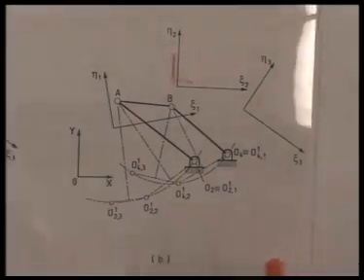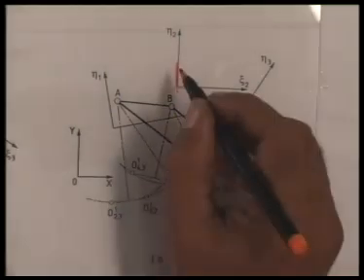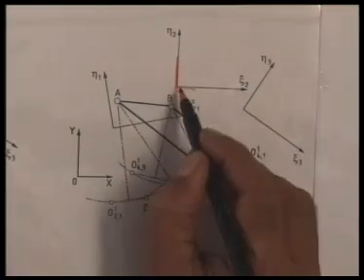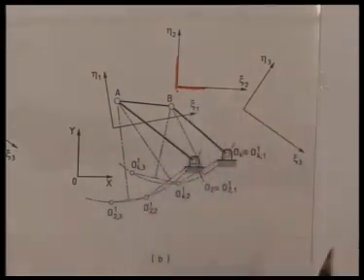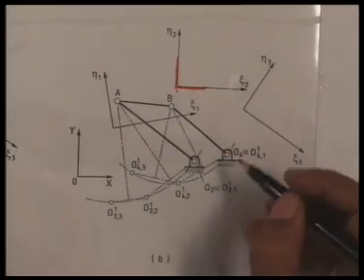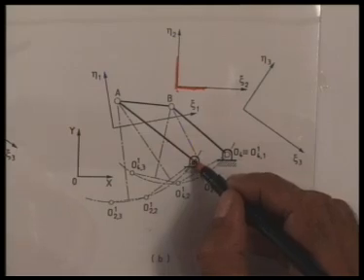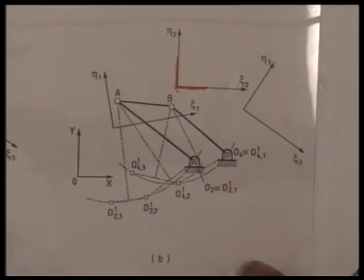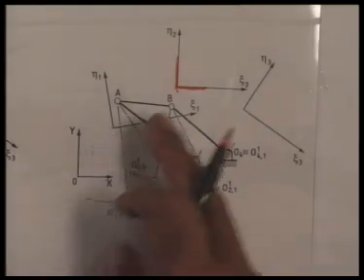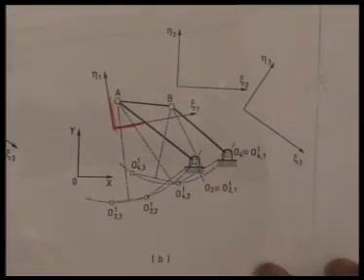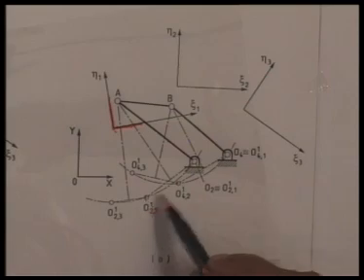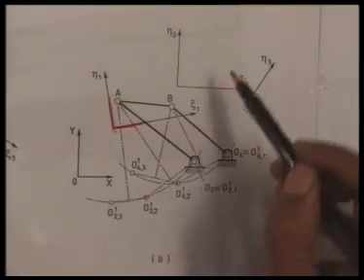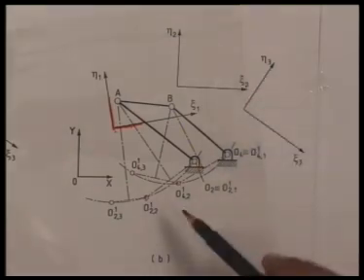What we do, we use a tracing paper and mark this second configuration defined by eta 2 zeta 2 axis, and the relative position of this fixed pivot in the second configuration, here is O2, here is O4. So if I now have the same relative movement but hold the coupler fixed in its first configuration, that means eta 2 zeta 2 I coincide with eta 1 zeta 1, and you see O2 moves here, O4 moves here, such that the same relative position corresponding to the second configuration is maintained.